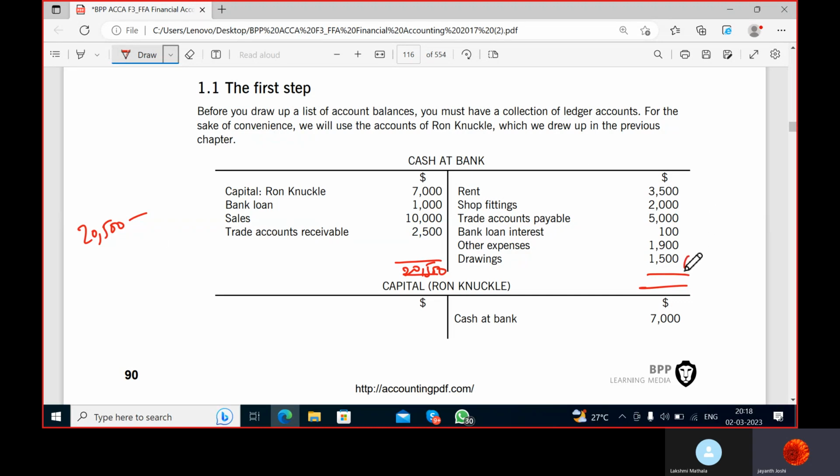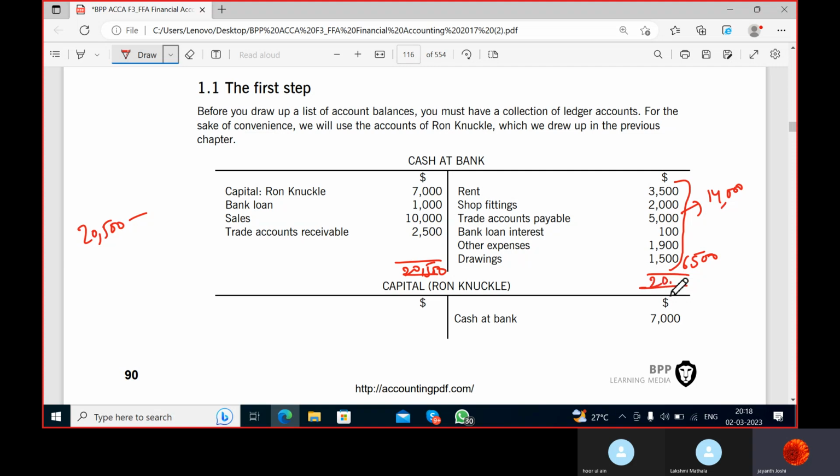So we will be left over with 6,500. Because you know the entire total of this is 14,000. 20,500 minus 14,000 is 6,500.